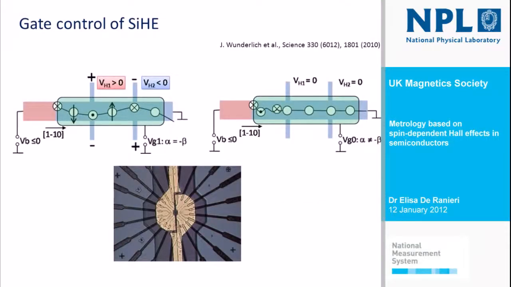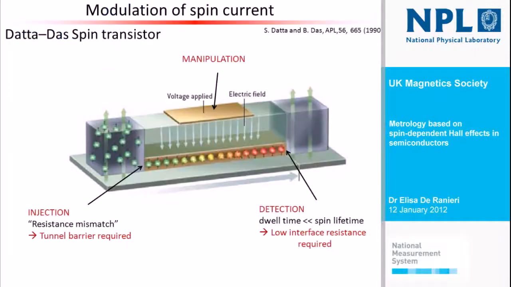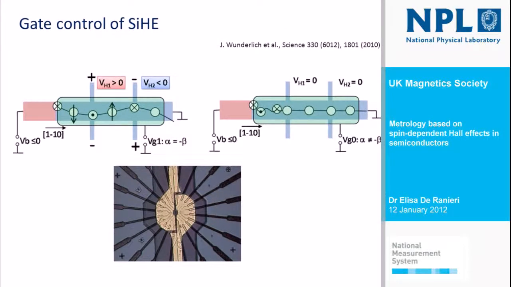And so a first way of manipulating the spins when they're in the channel was achieved by Wunderlich and co-workers, when they could gate the spin orbit fields in this kind of structure that I've just talked about, and by electrical gating they could enhance or suppress the spin precession.